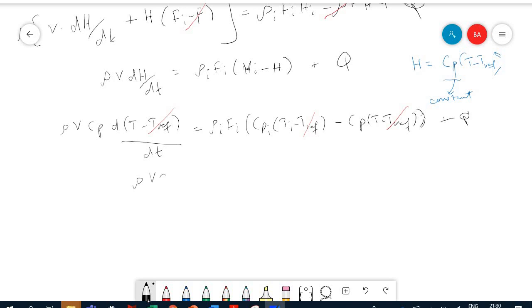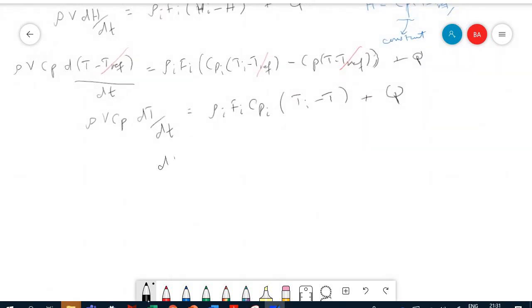It will be rho v Cp into dT by dt is equal to rho I Fi Cpi multiplied by Ti minus T plus Q, a very beautiful equation that we're having here.